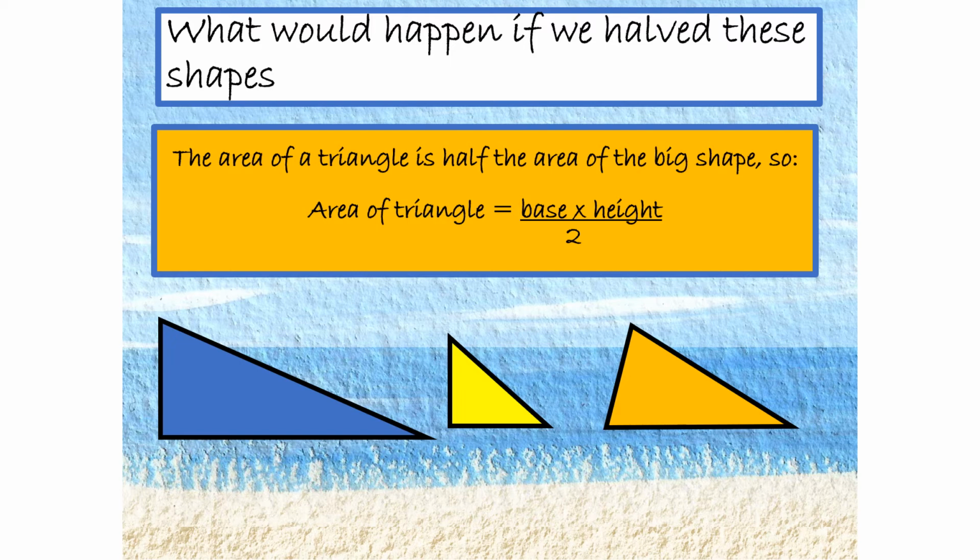So base times height divided by 2 because this was a square. Next, base times perpendicular height divided by 2 because this shape originally was a parallelogram.